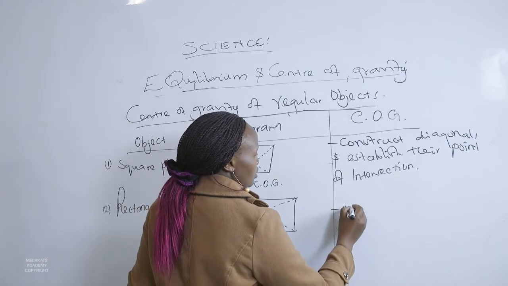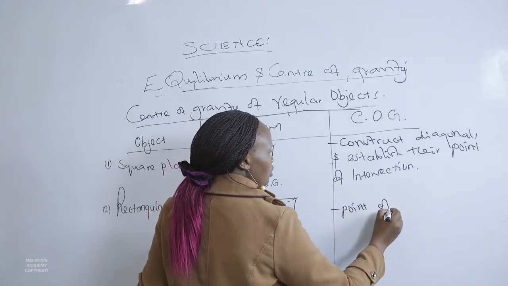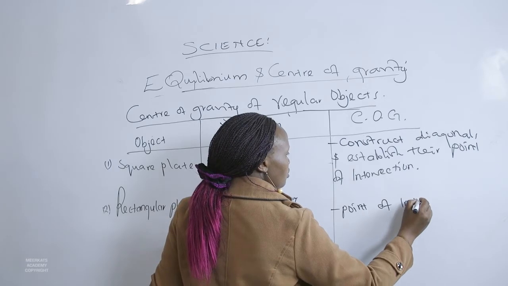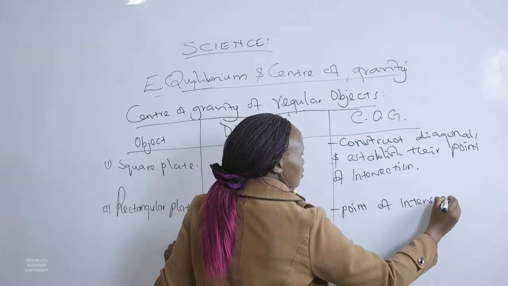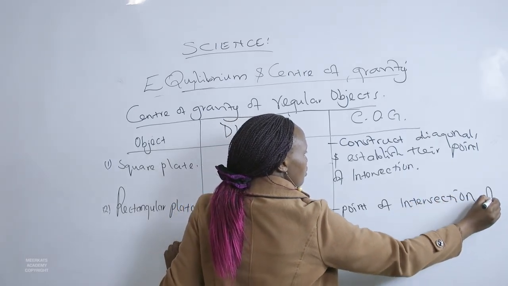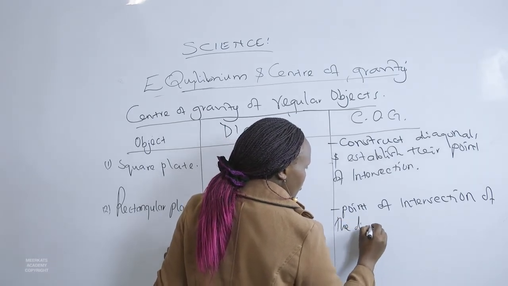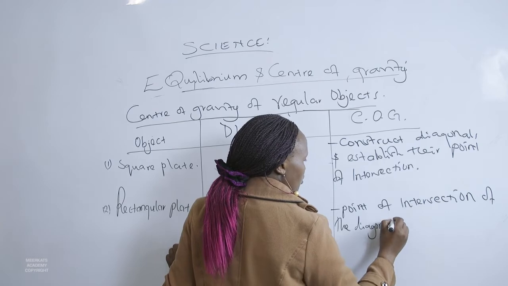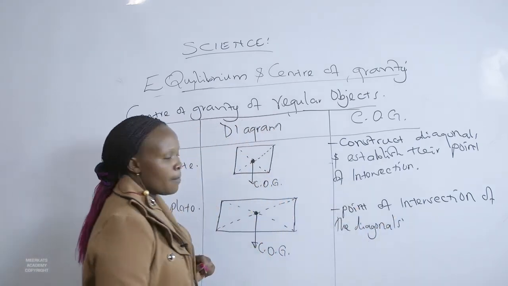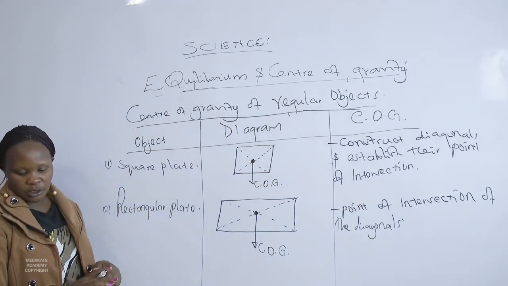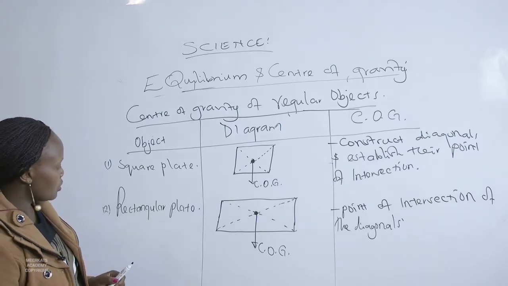So the COG is the point of intersection of the diagonals.